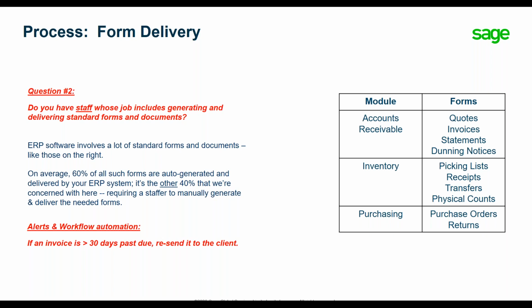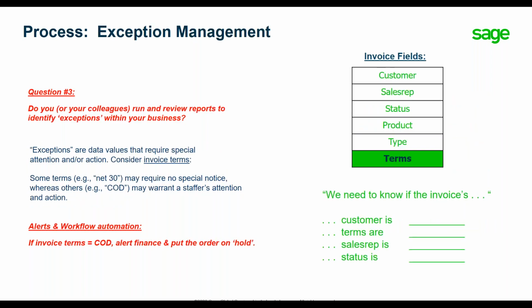So if it's at the end of the month, we want to send out all the invoices, and at the same time we want to send out the statements and continue that going down the line. The Sage Alerts and Workflow can deliver that information out to the appropriate person. So think of the way that you're running your business now. If you've got people running around printing reports and then delivering them somehow, we can automate that through forms delivery.